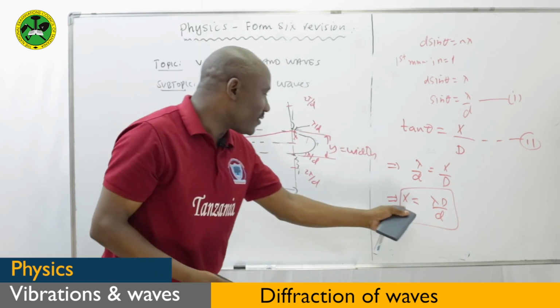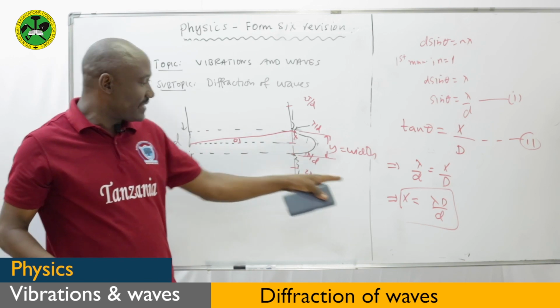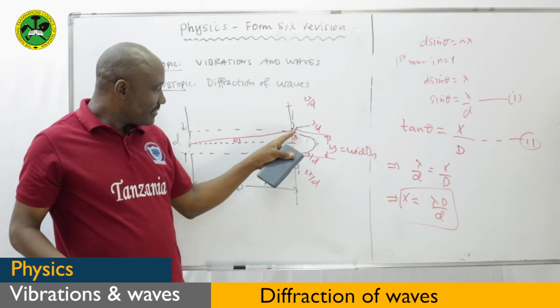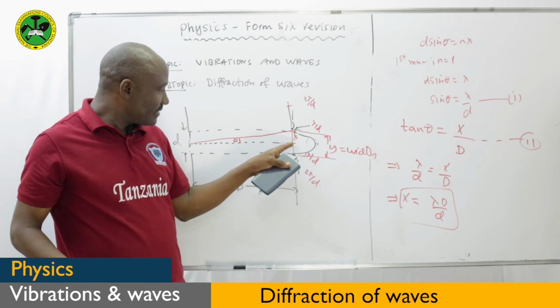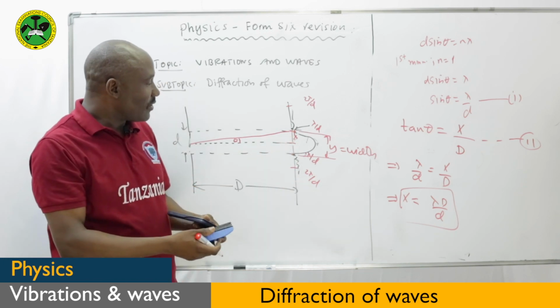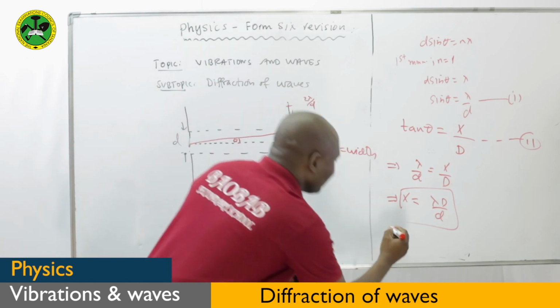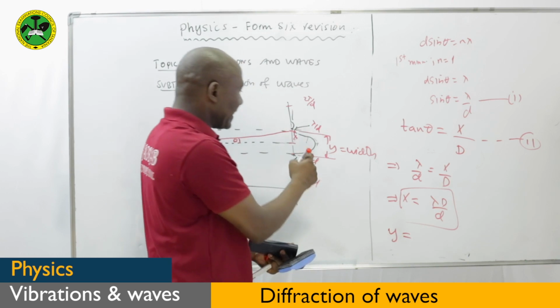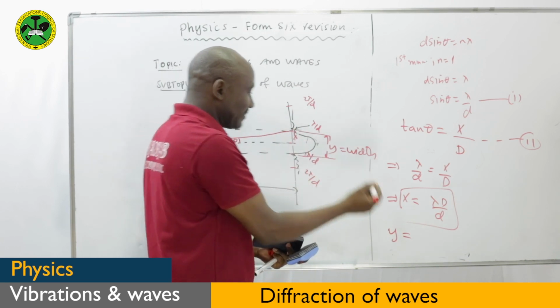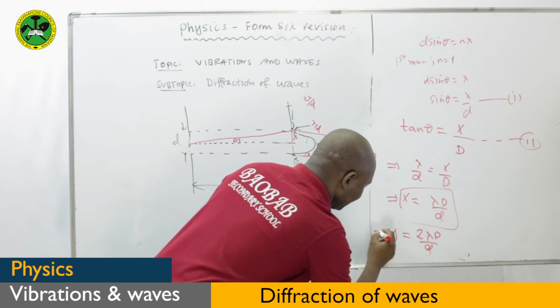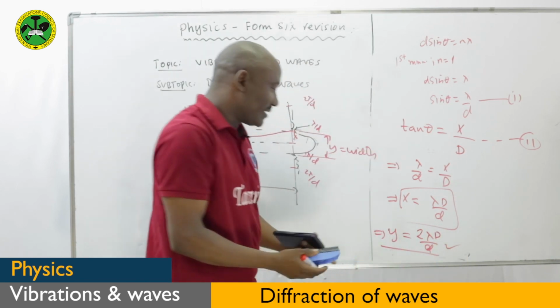If you know the distance of the first minima from the center, this is the same as distance x. So if you are looking for the width of the central bright, it is 2 times this length x, which means 2 lambda D over d. I think you did this in your class.